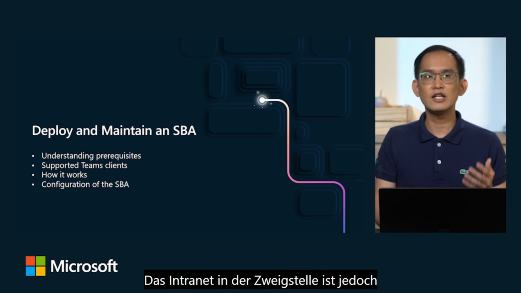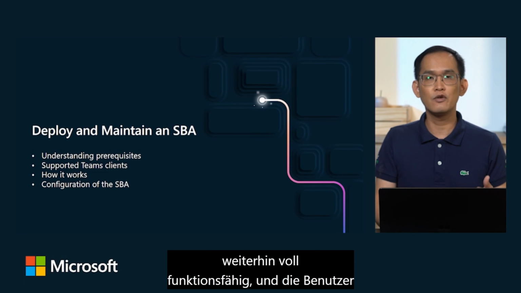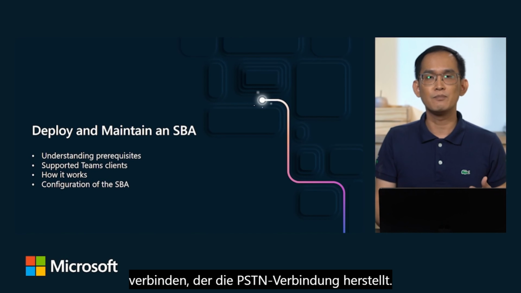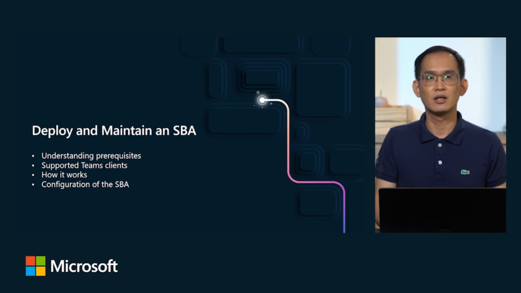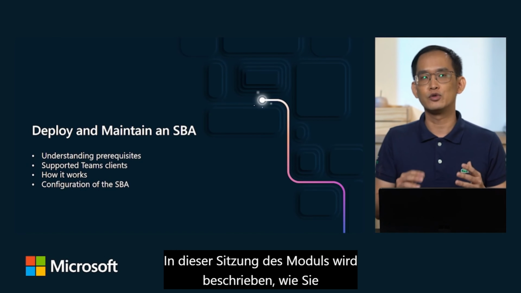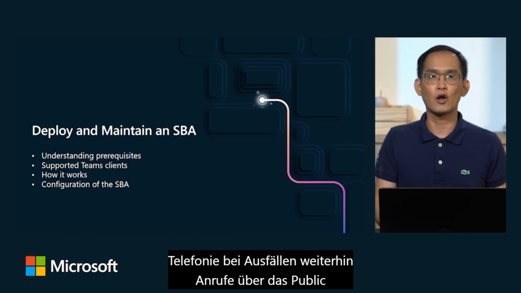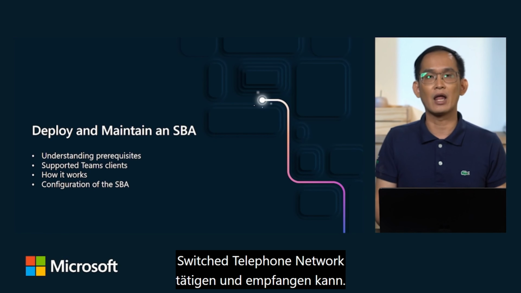However, the intranet inside the branch is still fully functional, and users can connect to the session border controller that is providing PSTN connectivity. This section of the module describes how to use a survivable branch appliance to enable Teams Phone to continue to make and receive public switched telephone network calls in the case of an outage.